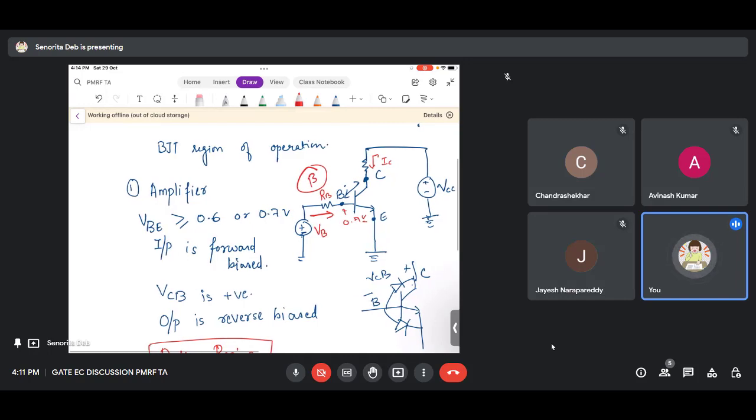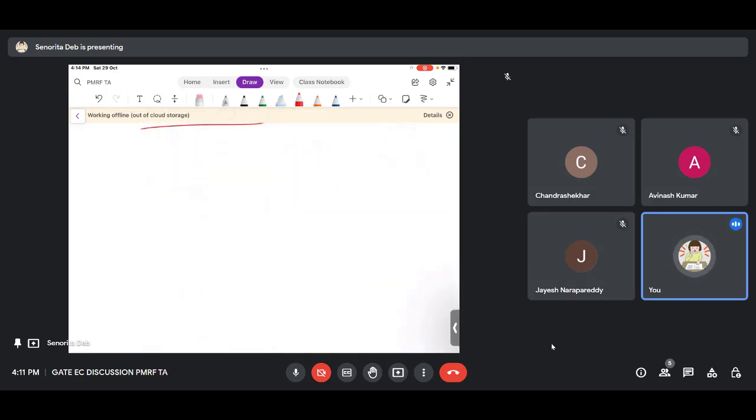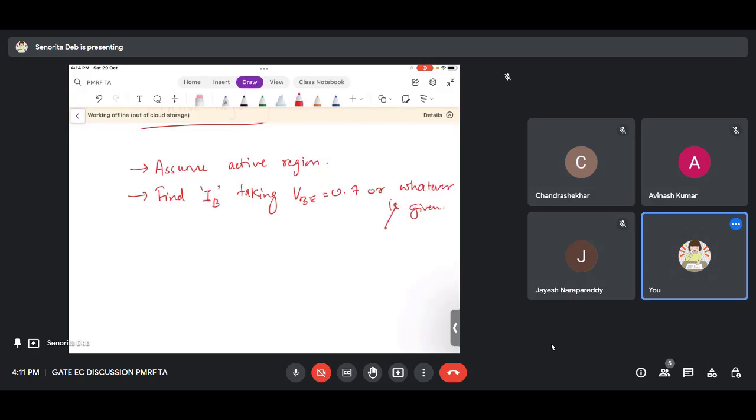So what is the process? The process, if it comes in the question: first you assume it is an active region. Okay, you find IB taking VBE as 0.7 or whatever is given. Okay, and then from the knowledge of beta, you find IC.